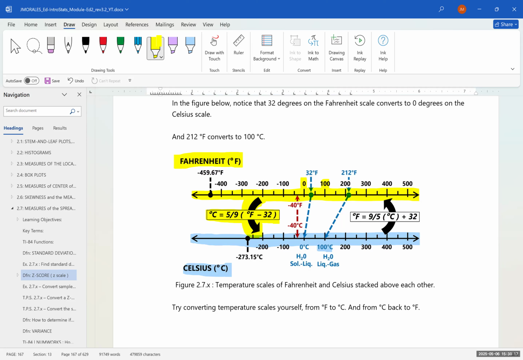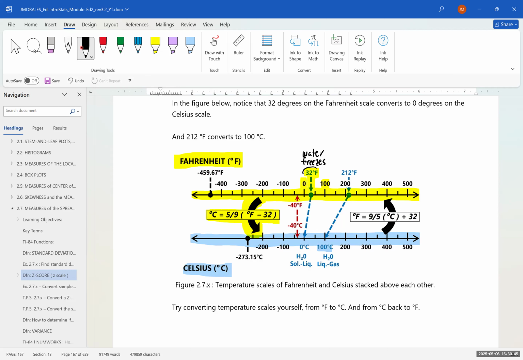Now, if we wanted to convert 32 degrees Fahrenheit, which is the temperature at which water freezes, what's the equivalent temperature in the Celsius scale?